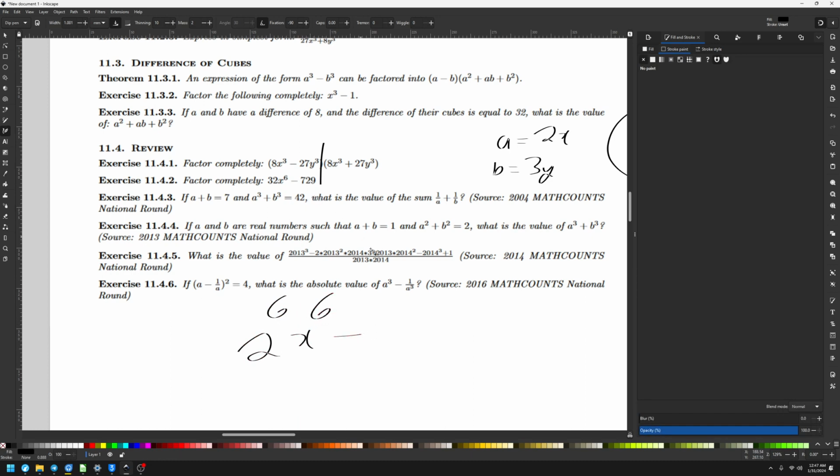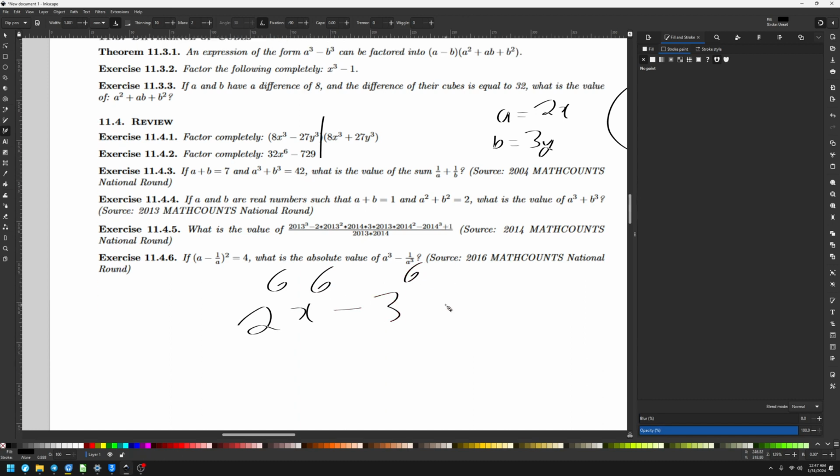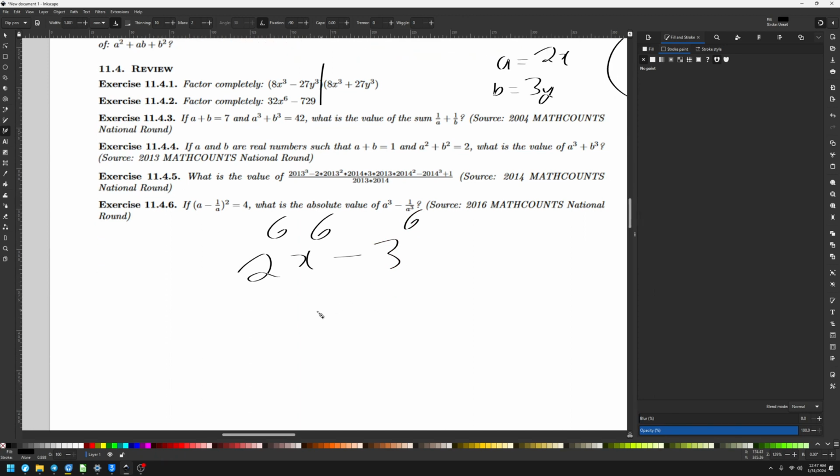And 729 is actually 3 to the 6th power. And we can use the difference of squares here, surprisingly, because we can write this as 2 cubed times x cubed minus 3 cubed, and we square each of these quantities.